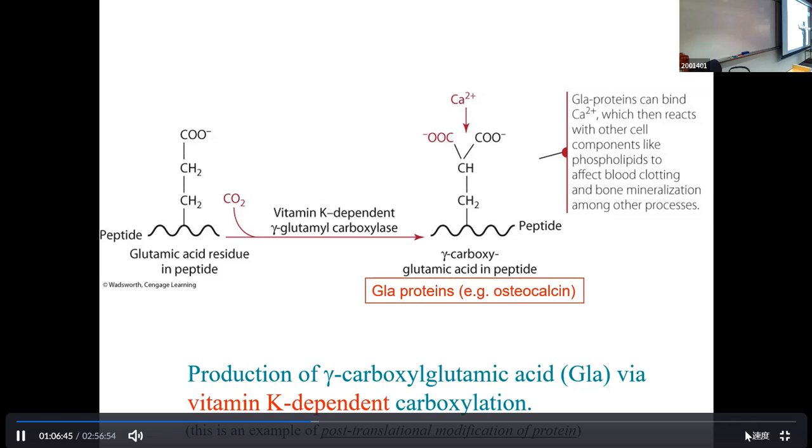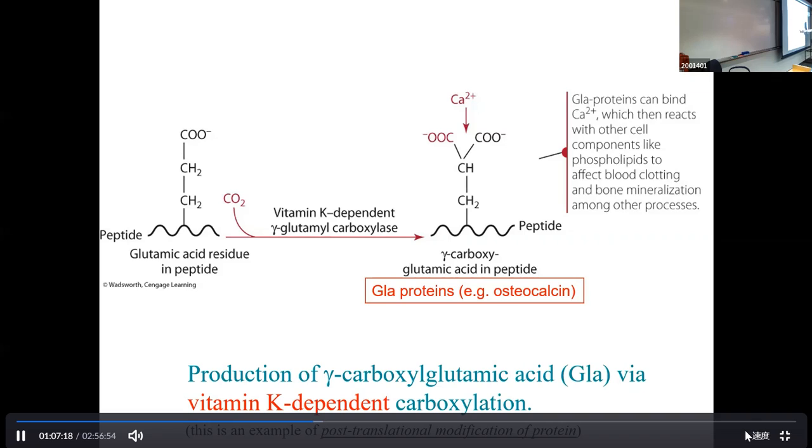Gamma glutamyl carboxylase. Glutamyl refers to the glutamic acid, okay? And it is a vitamin K dependent carboxylase that acts on this glutamic acid residue of the protein, okay? So very important is this vitamin K dependent gamma glutamyl carboxylase, which will make proteins such as osteocalcin.